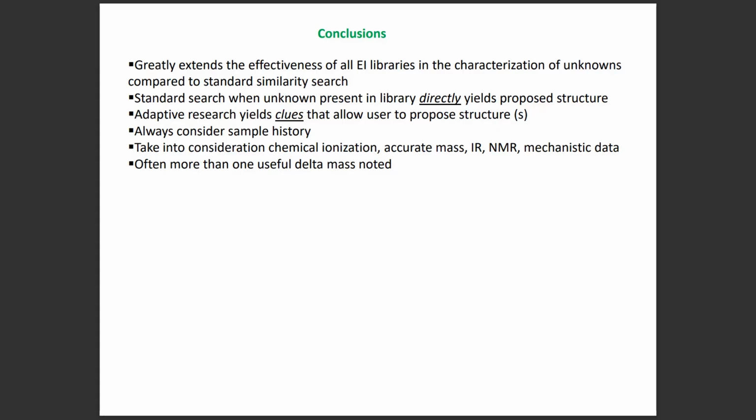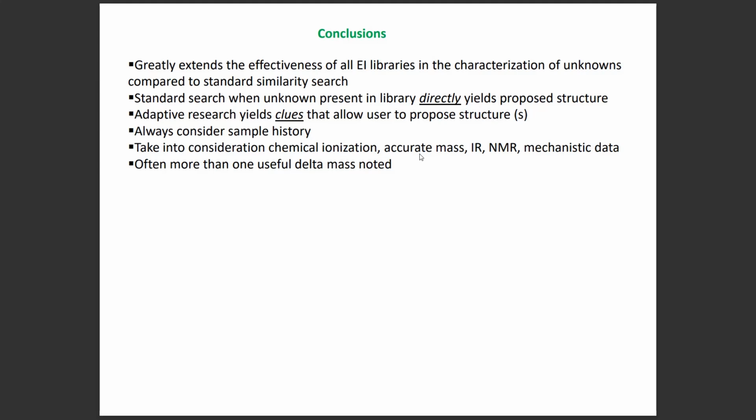One must always consider sample history for identifying unknowns and take into consideration other techniques such as chemical ionization, accurate mass, infrared, NMR, and mechanistic data. And often more than one useful delta mass can be noted in search results.